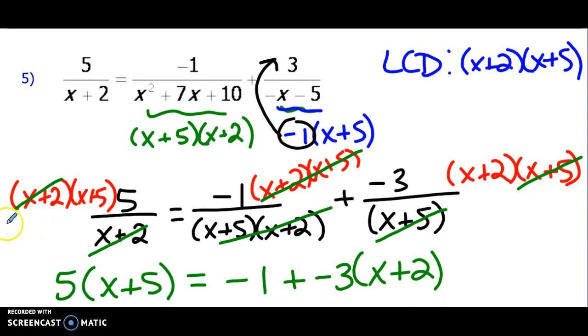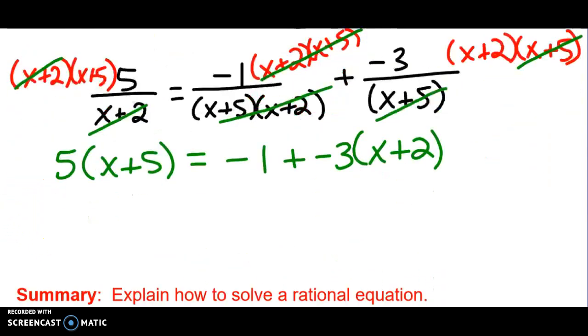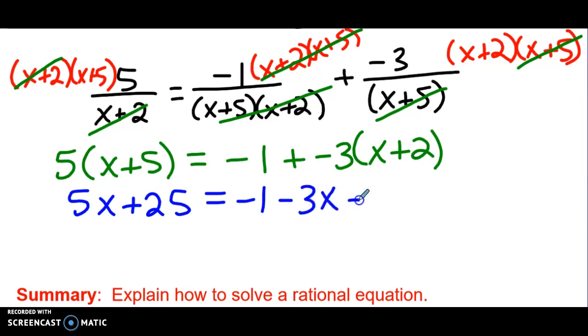So if we distribute, we will have 5x plus 25 equals negative 1 minus 3x minus 6. And if we combine like terms, we will have an 8x here, and a negative 25, a negative 1, and a negative 6 makes a negative 32.